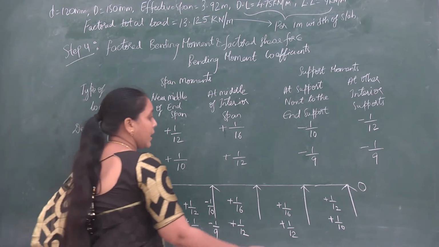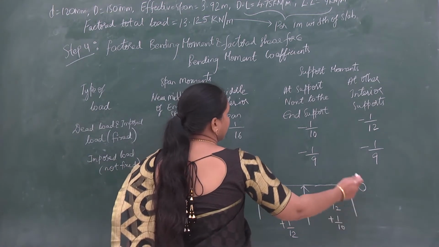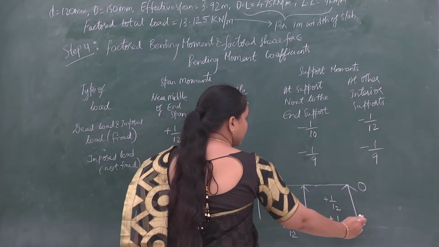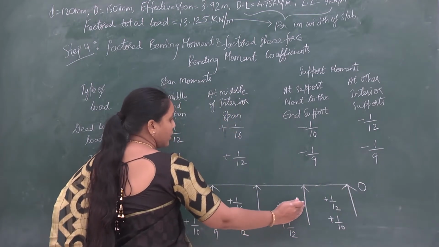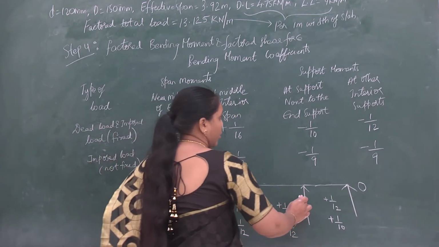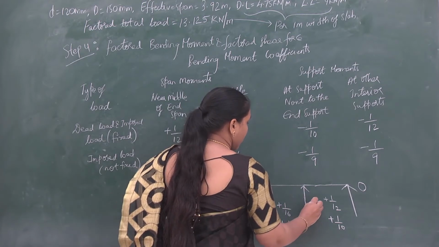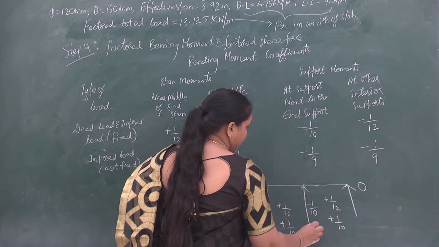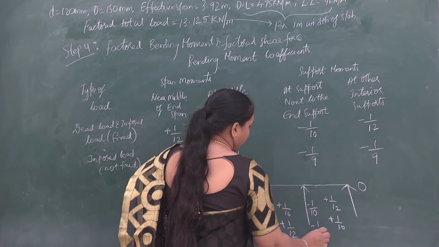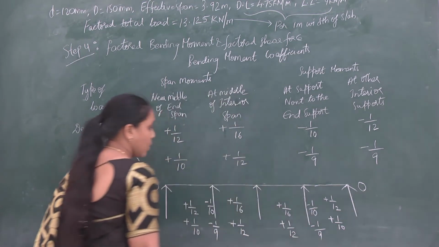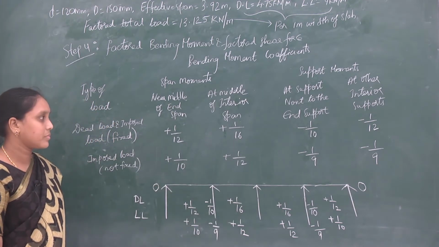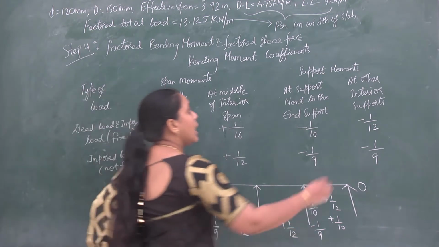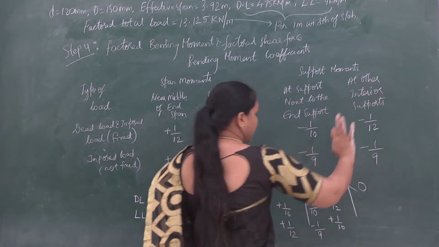In a similar way, this is our other end support. The next support to this end support is this one. So here also the dead load coefficient will be minus 1 by 10, and the live load bending moment coefficient will be minus 1 by 9. Now, at other interior supports.